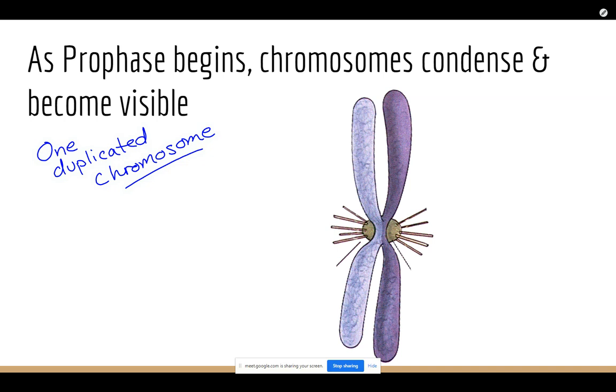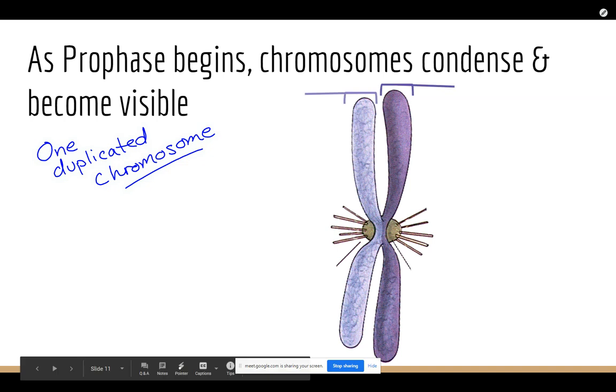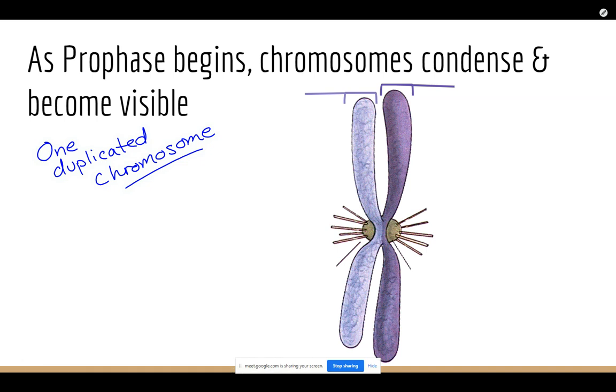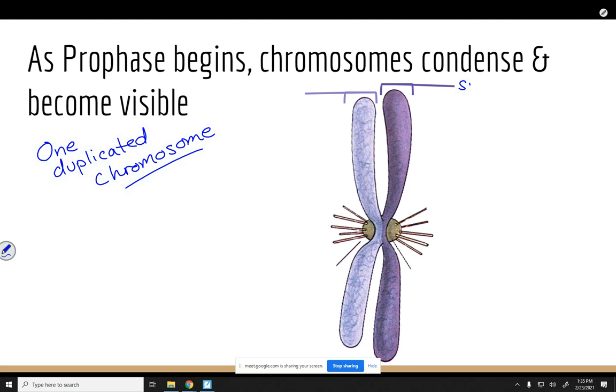So that's what this is, and we're going to label a bunch of stuff on it. That chromosome, since it has already duplicated, contains 2 copies of the same information. And each of those copies is referred to as a sister chromatid. So that's the first thing we're labeling.